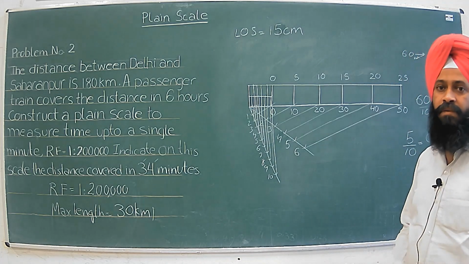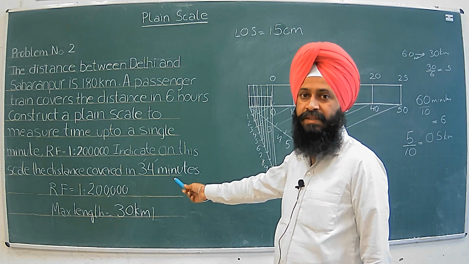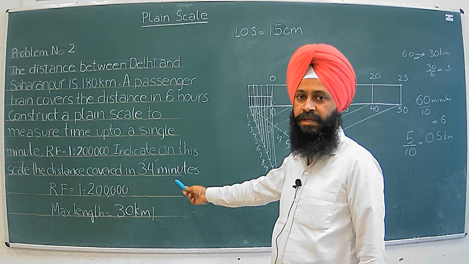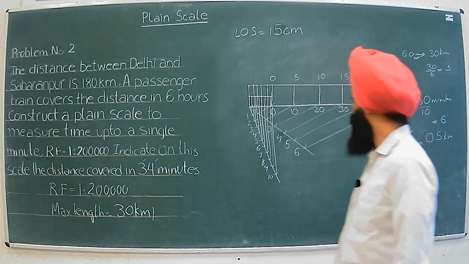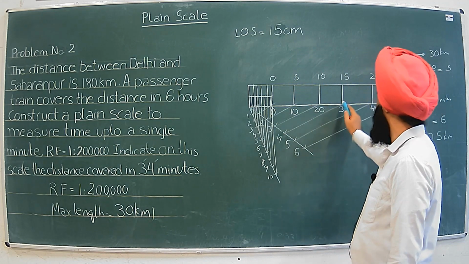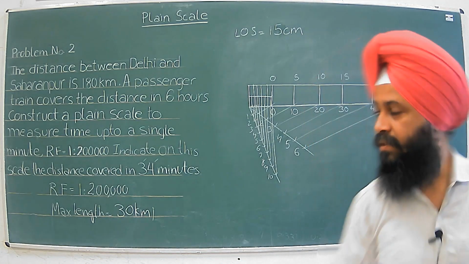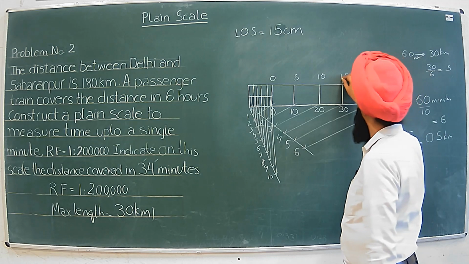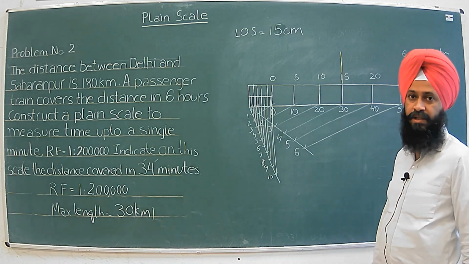First of all, we are given the time 34 minutes. So we will mark the time of 34 minutes and find the corresponding distance on the scale. For marking 34 minutes, we choose 0 and 30. So this is our 30 minutes from 0 to 30.